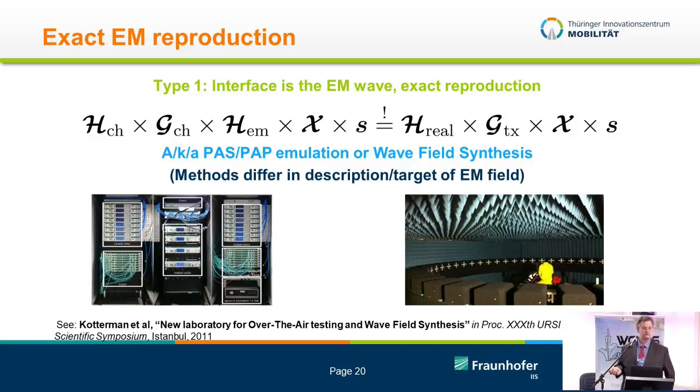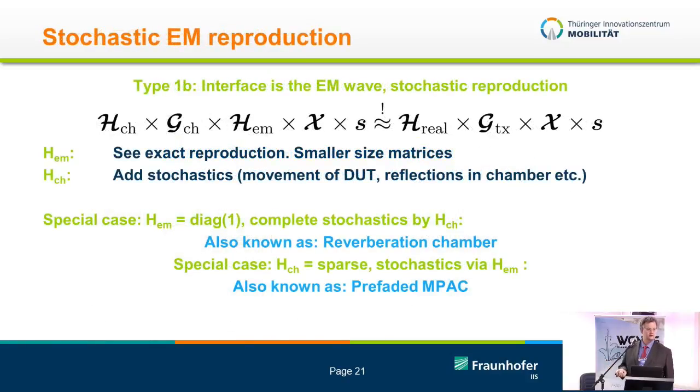I've seen this terminology used in other works. The methods basically differ in how you describe the target electromagnetic field and how you get there. If you use wave field synthesis, I refer to the talk that you've just seen by Dr. Schirmer.